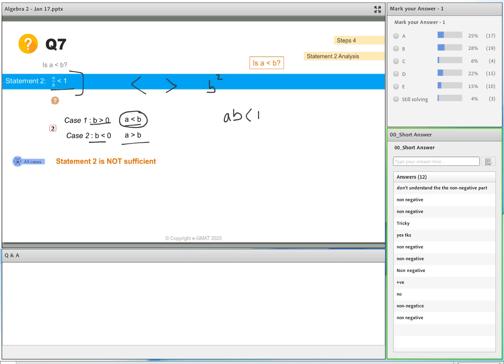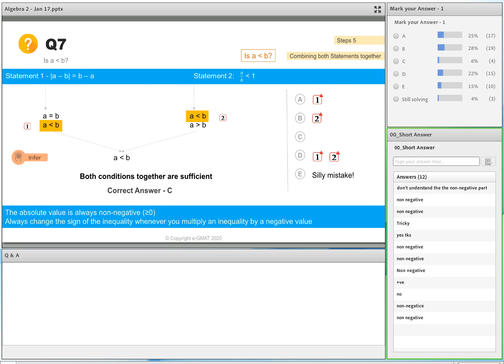Again, we use the simple parameters we used to solve all the previous questions. Now that with both these statements individually we cannot solve this question, let's combine both the statements together. From the first statement's analysis, we found out that A can either be equal to B or A can be less than B. From the second statement's analysis, we found out A is either less than B or A is greater than B. What is the common area?